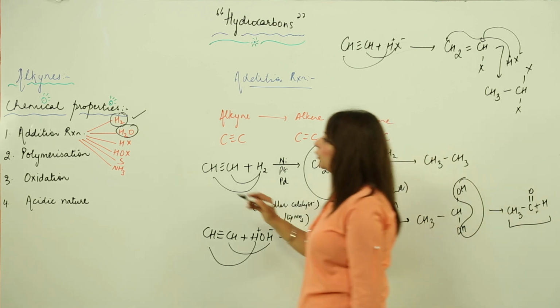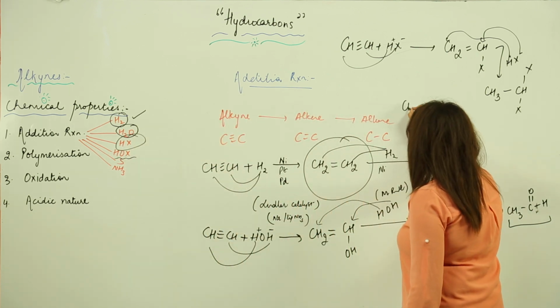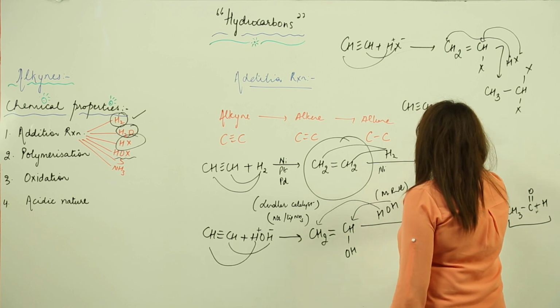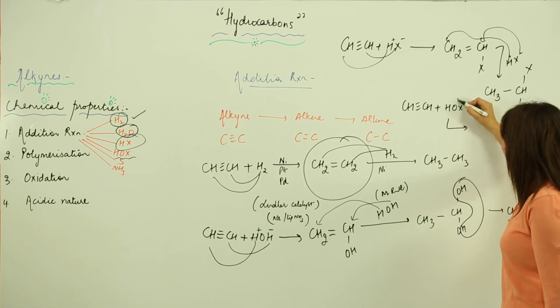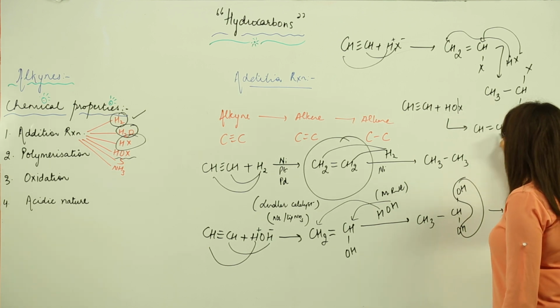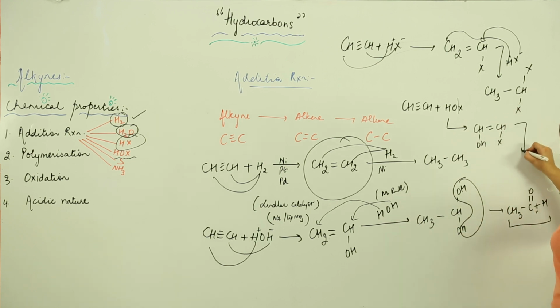The next is we are going to add a hypohalous acid. Suppose this is my acetylene. I am going to add HOX. As we know, it actually breaks like this. So bond will be double. One gets attached here and one gets attached here. And further we can also carry out the same thing.